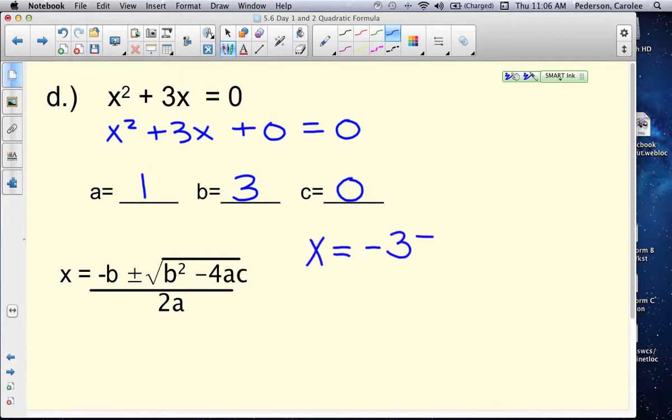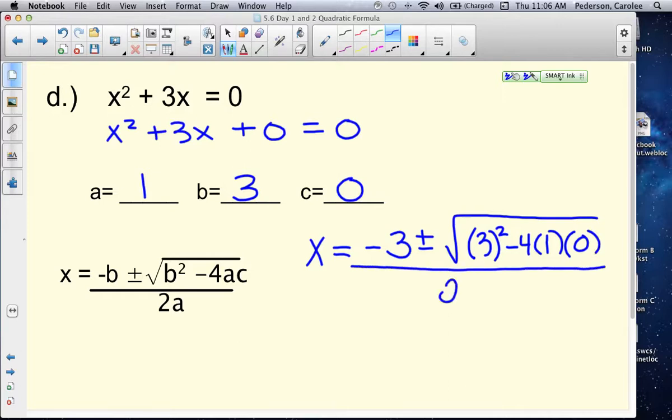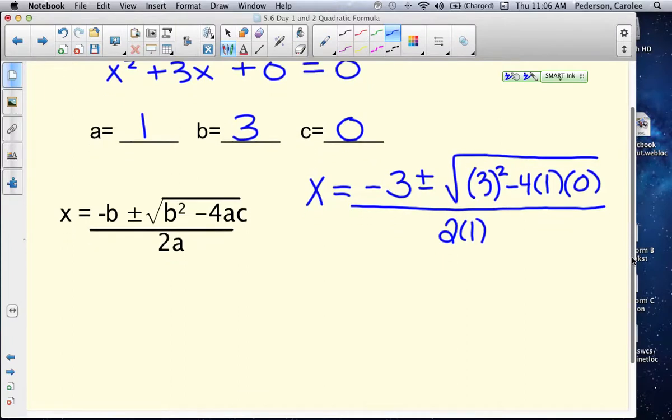Negative b plus or minus the square root of b squared minus 4ac all over 2a. And now we're going to reduce. -3 plus or minus. 3 times 3 is 9.